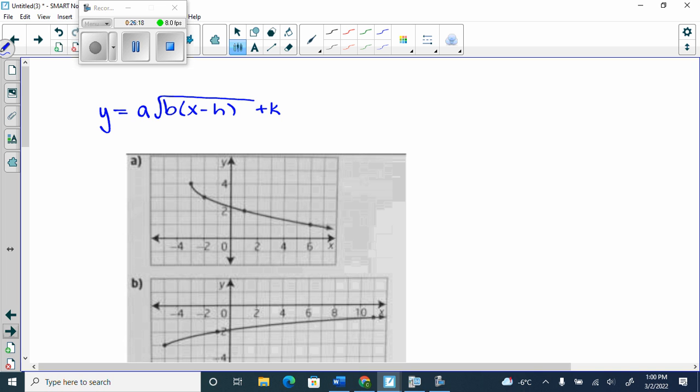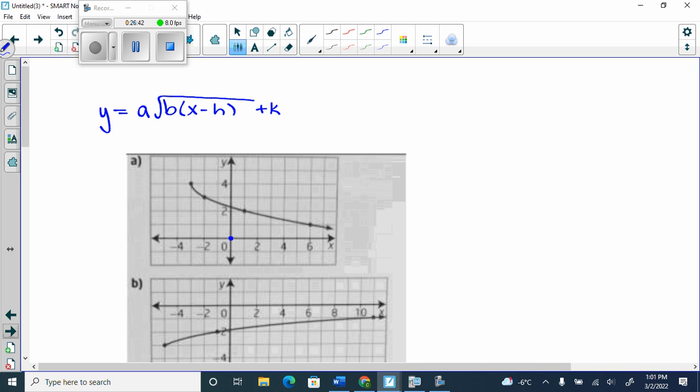Your starting point normally is at 0, 0, correct? If I have a reflection, I'm multiplying by -1. Does 0 change when you multiply by -1? No. If I have stretches, like 2, and I multiply those zeros by 2, does it change it? No. So the great thing about radical graphs is that they normally start at 0, 0.